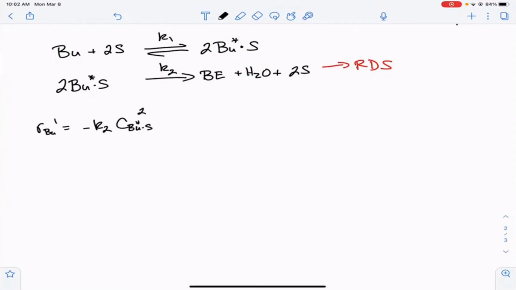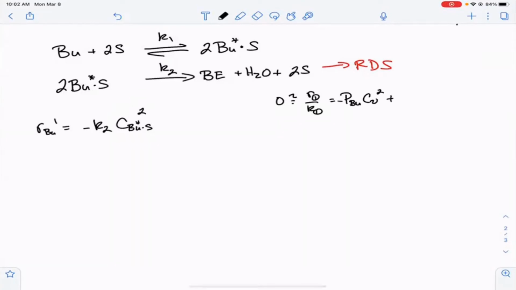Now, this looks like it might have a little bit more promise because now if we can get the rate law right, that CV will intrinsically be squared. All right, fine. So then let's use what we know from reaction 1 to find our expression here. And we know that the rate of reaction 1 over K1 is approximately equal to 0 because it's not the rate determining step. And that is just equal to the pressure of butanol times CV squared.